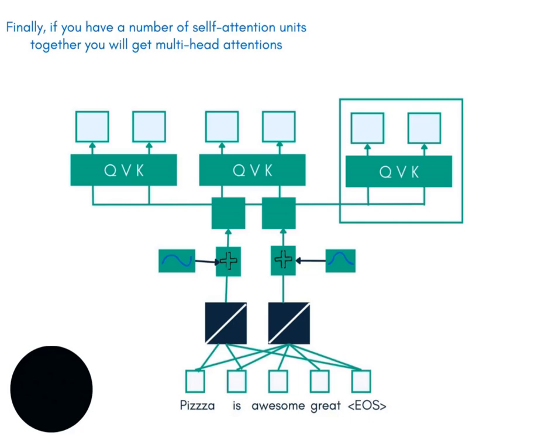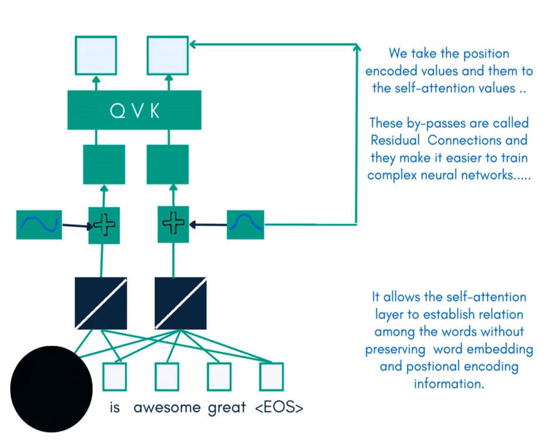So here it's converted into embedding, then into positional encoding, and then finally we create three vectors for query, value, and key. Once we have the positional encoding values and pass them through the self-attention, we create residual connections, and they make it easier to train complex neural networks.